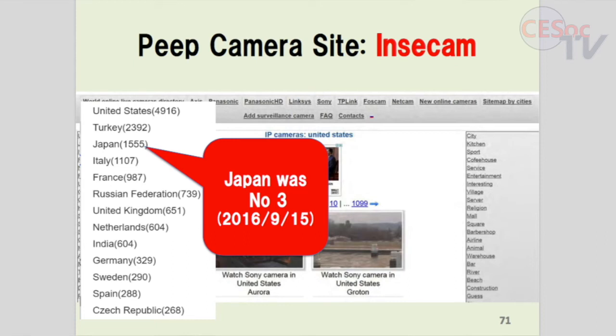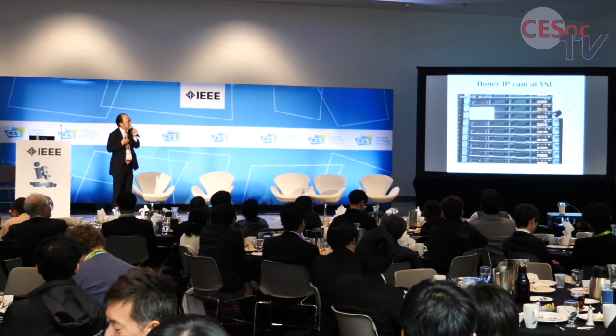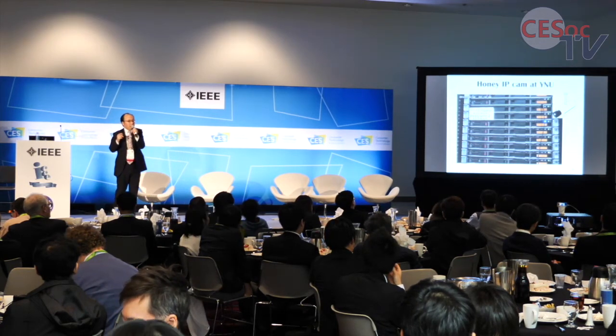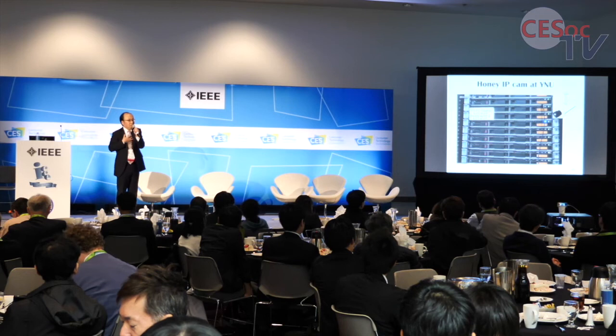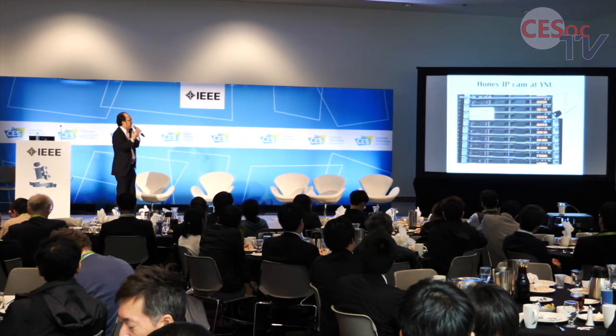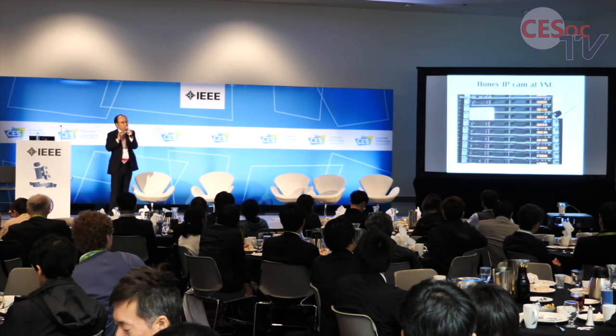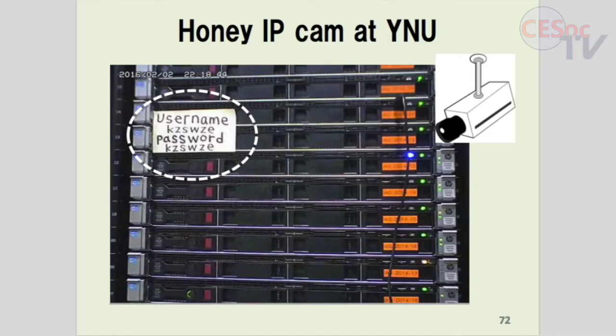So this is a trial. We implemented a honey IP camera at our university. First, our idea was to use our secretary's room, but our secretary strongly gave a negative response.